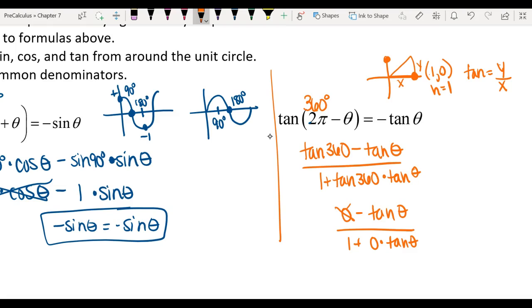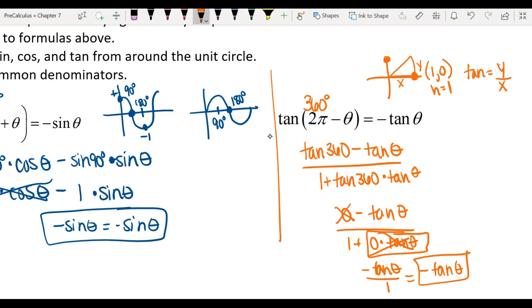So this 0 goes away. Do you guys see how this second part here equals 0? So that goes away. So you're left with negative tan of theta over 1, which is negative tan of theta.